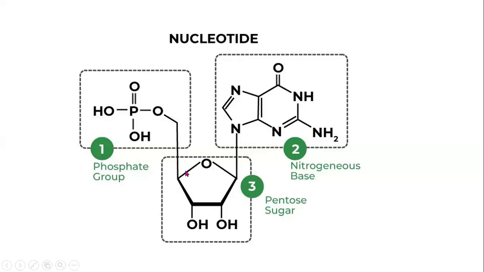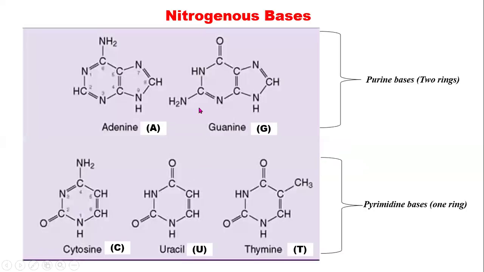So let's proceed. Now, what are these nitrogenous bases? These nitrogenous bases are divided into two. We have the purine bases, which contain two rings. Look at them.